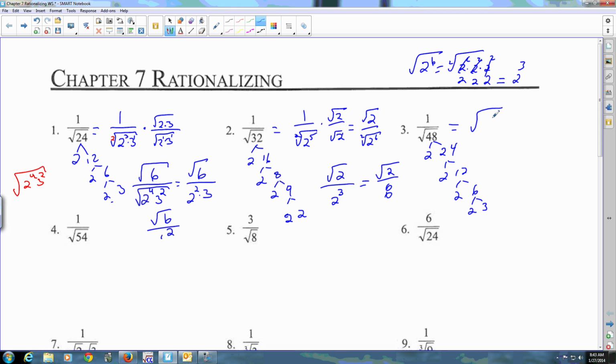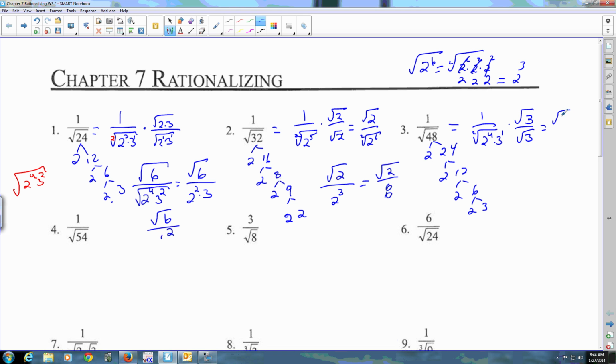Okay? Prime factoring 48. Let me move that down. I need to give myself a little more room. Okay, so that's 1 over square root 2 to the fourth times 3 to the first. Well, the 2 already has a power that's a multiple of the root, so it doesn't need anything. But this one is too small. I need to multiply it by the square root of 3.